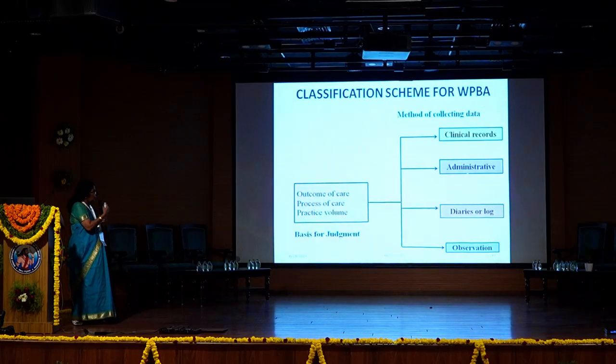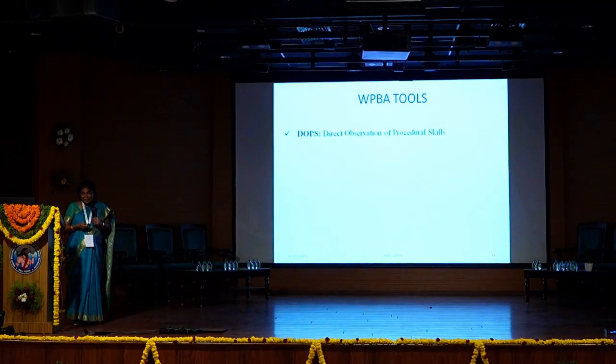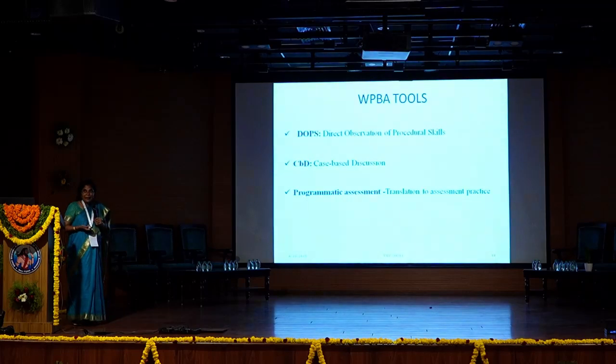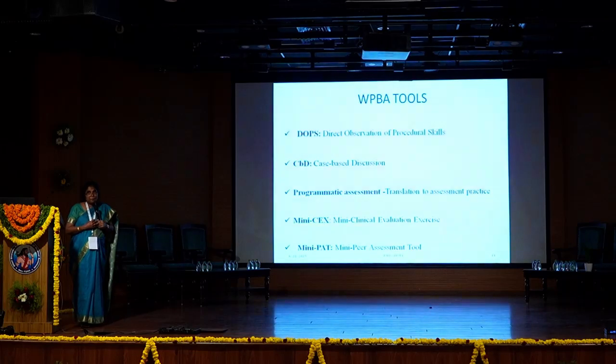That is how we classify the schemes of workplace assessment. And the tools that we use in the workplace: one is DOPS, that is directly observed procedural skills, second is case-based discussions, third is programmatic assessment, and then mini clinical examinations and mini peer assessment. These are the different tools that can be used when you are designing the cases.